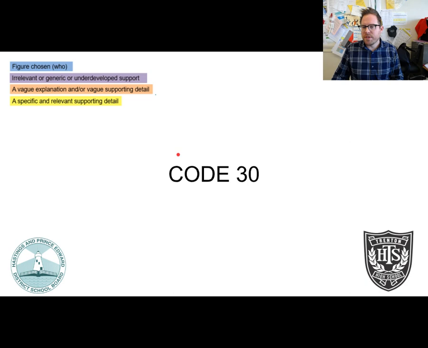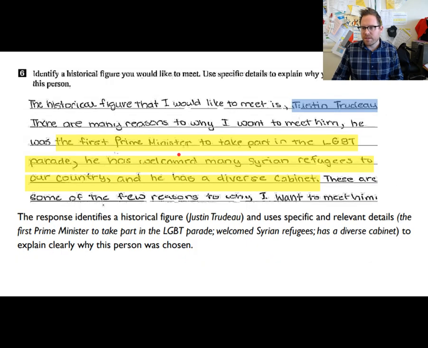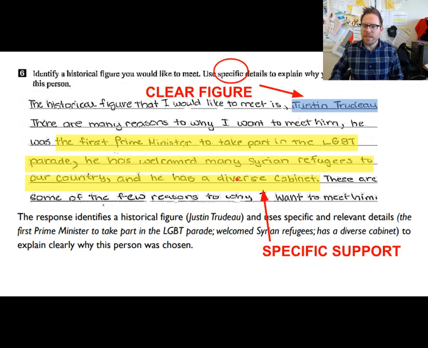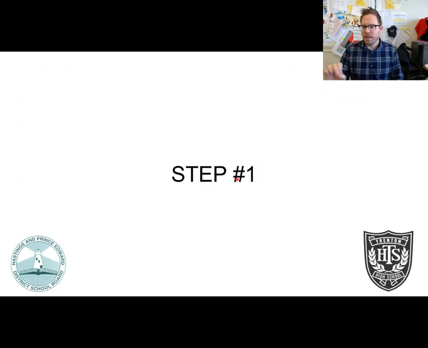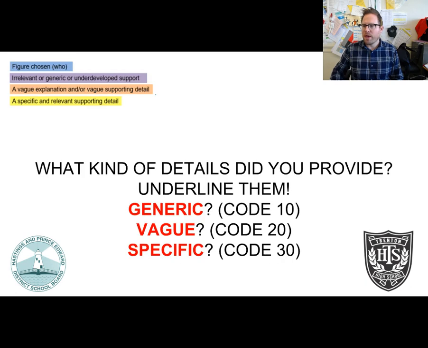Or do your details look like this? Very specific in terms of what makes that person a historical figure you would like to meet, okay? Very specific details here. So you need to decide right now as you're underlining your details, what are they? Are they generic, vague, or specific?